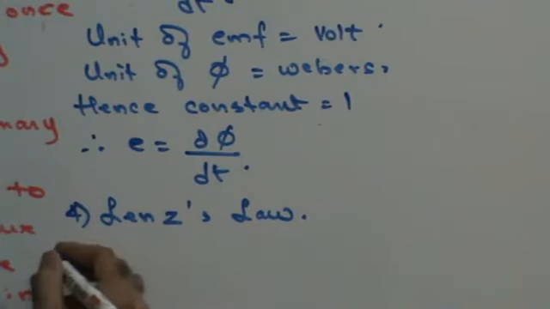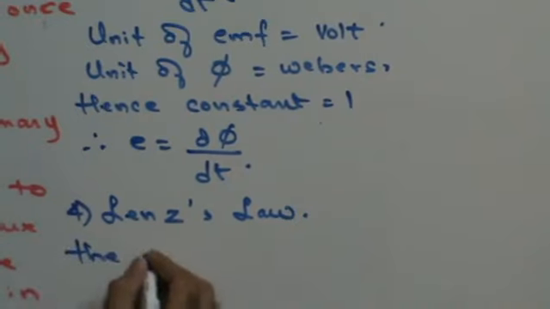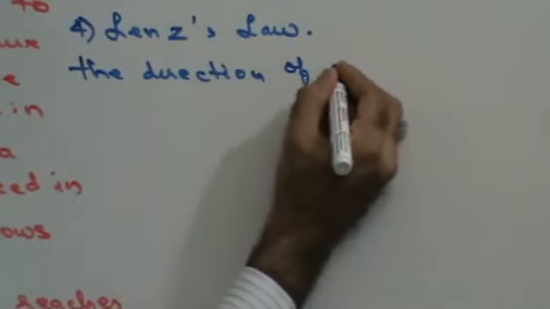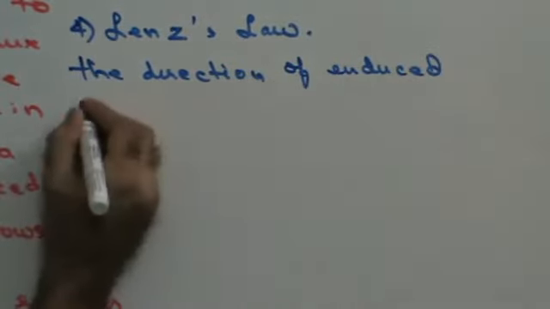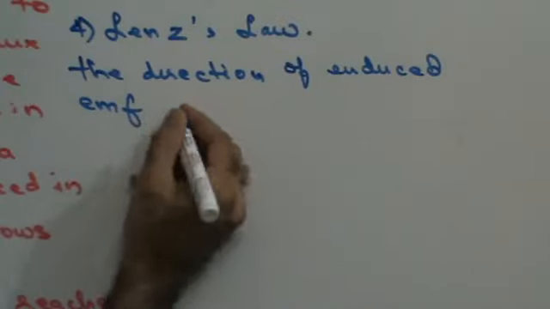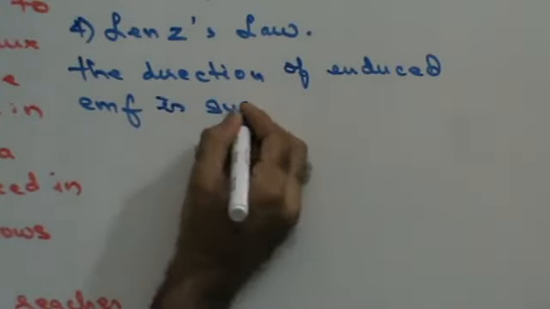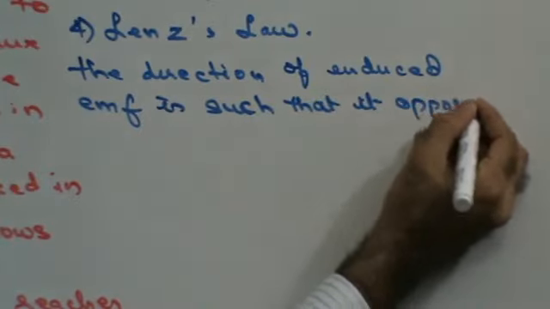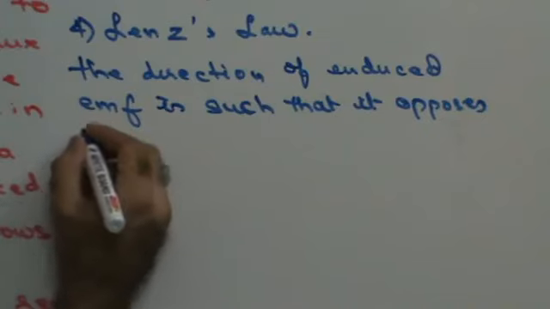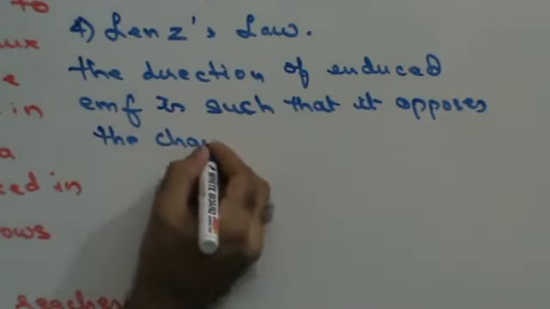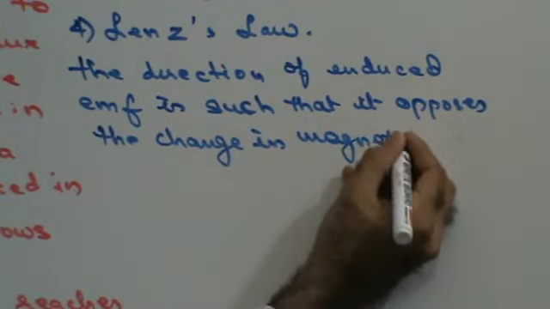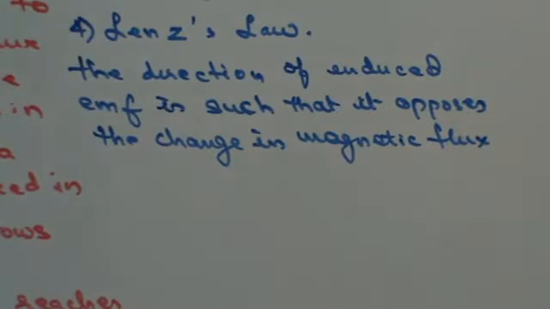So according to Lenz, the direction of induced EMF is such that it opposes the change in magnetic flux. That means the direction of the flux and the EMF is going to be opposite.